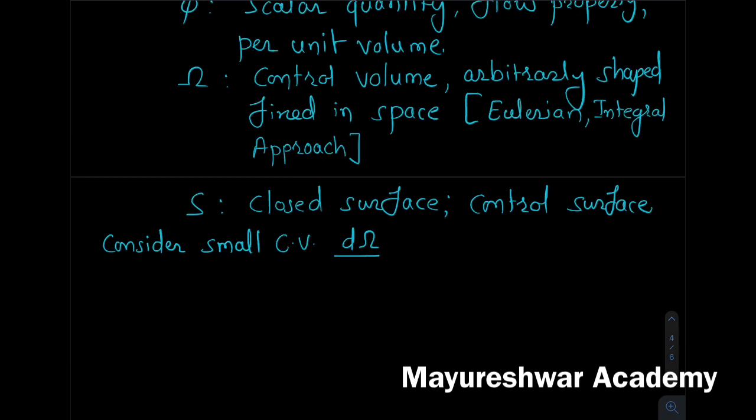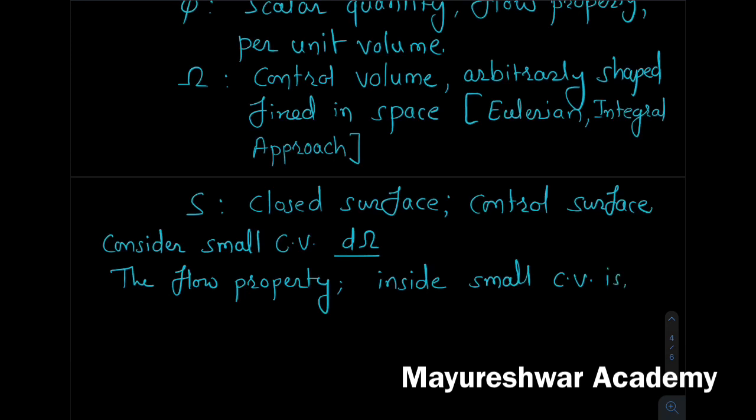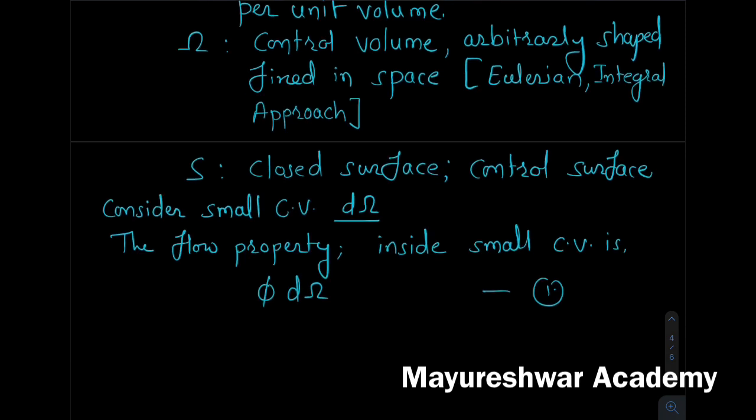Now there is a property change within this, so the property stored inside the small control volume will be the flow property phi times d omega, because phi is property per unit volume, so multiplied by the small volume d omega.